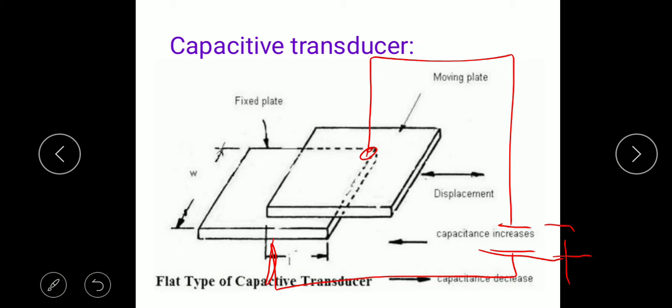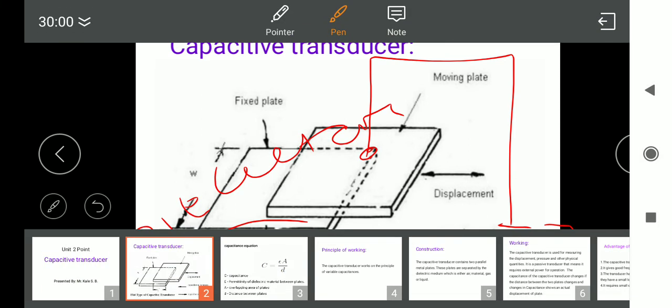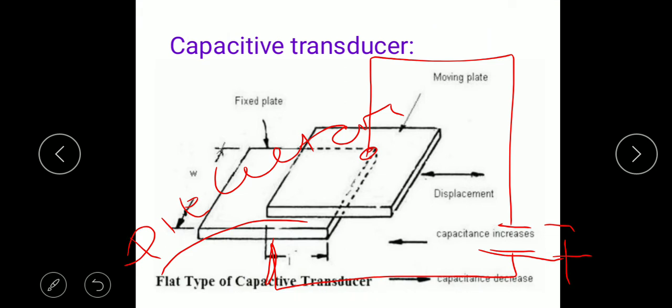Under the construction we have seen that two plates are there. One is the fixed plate and the other is the moving plate, and both plates are connected into the circuit. In between these two plates there is a dielectric medium. We will see it in front view.